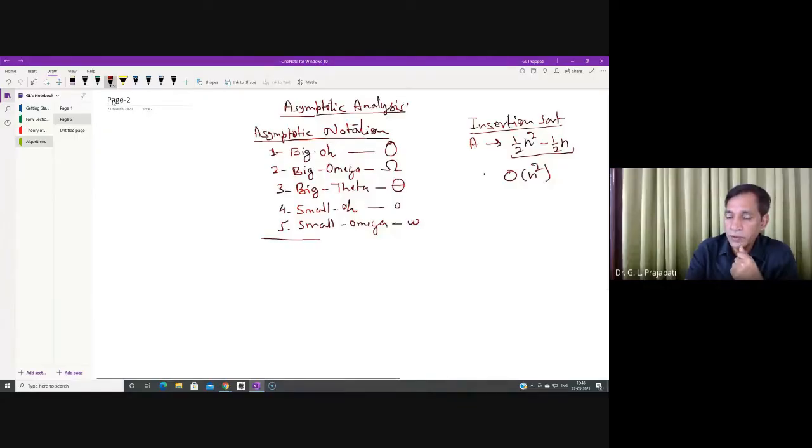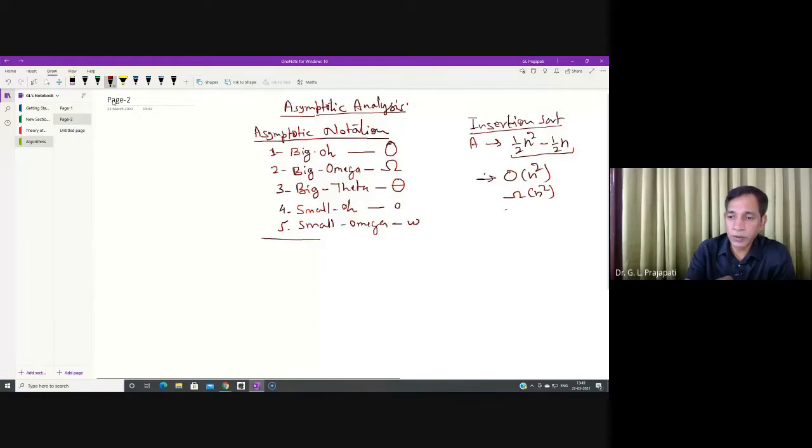Once I say big O of n square, I have a different mindset, it has different meanings. Once you use the big O notation, it has a different intuition. If you say that the algorithm has big omega of n square, then it has a different intuition.